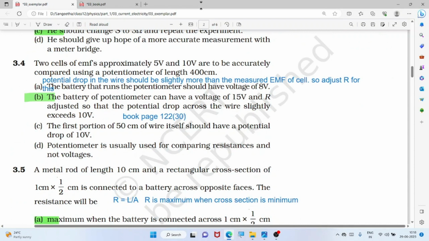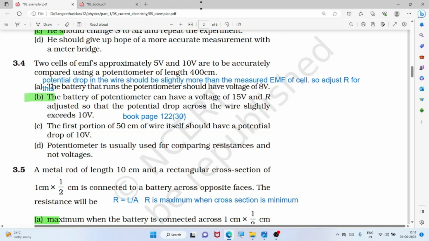Two cells of EMF are to be accurately compared using a potentiometer of length 400 centimeter. The battery that runs the potentiometer should be such that the potential difference in the wire is slightly more than the measured EMF of the cell. So adjust R for this.